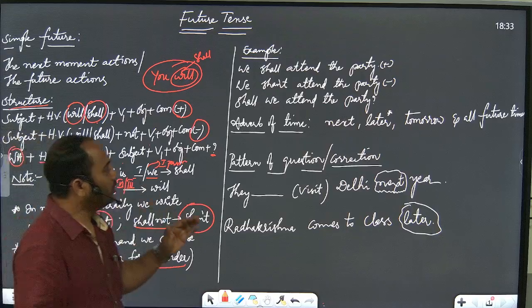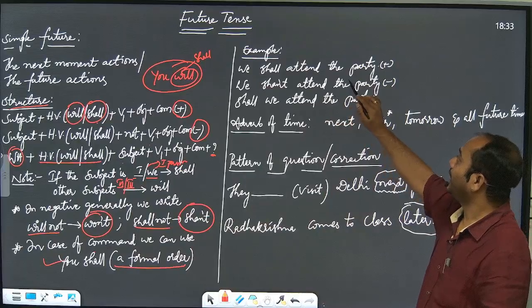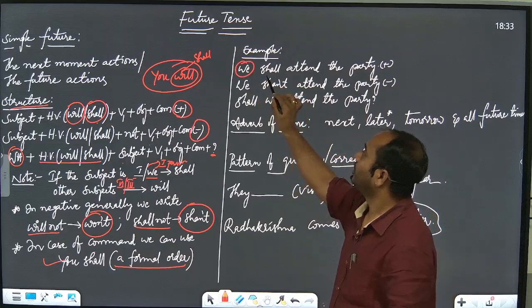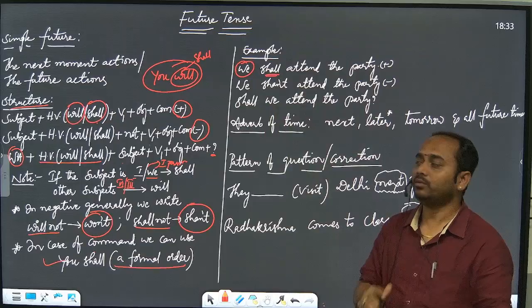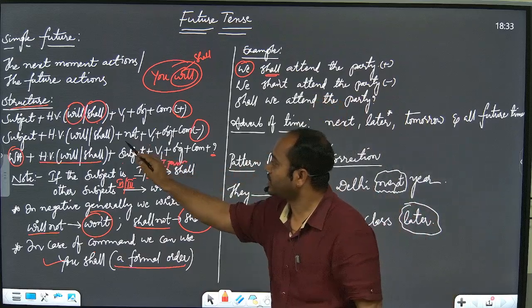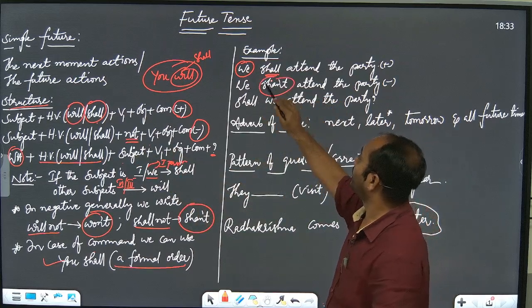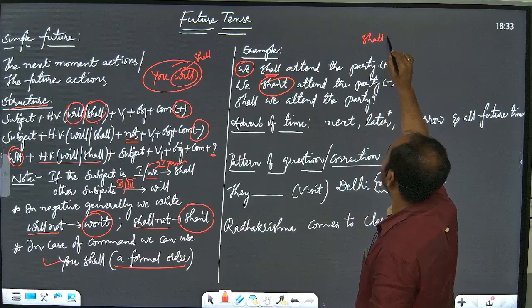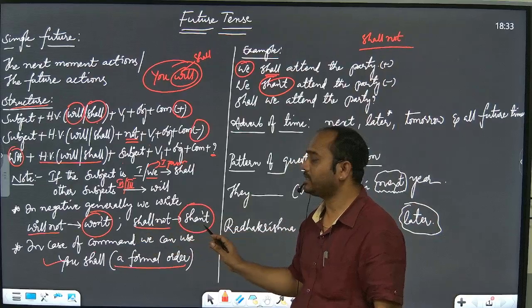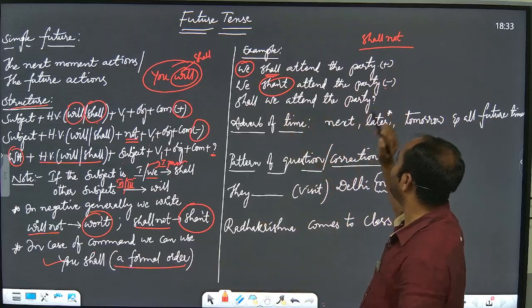Okay. And now there is an example related to the simple future. We shall attend the party is a positive sentence. As the subject is we, I have used the helping verb shall. And when I write the same sentence as a negative, as per the structure, not should be added. That's the reason we shan't. Of course, you can write shall not also, but as I mentioned, shall not is considered as shan't in the short form. So, we shan't attend the party is a negative sentence.